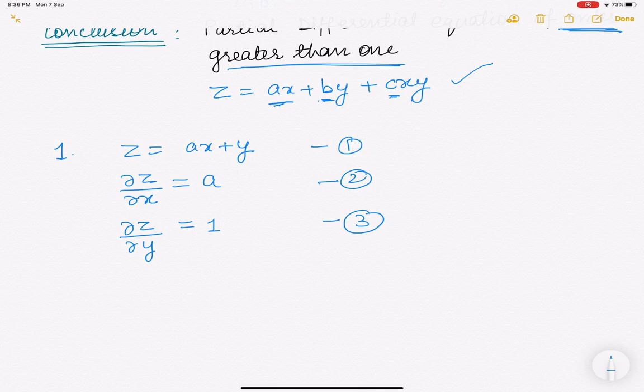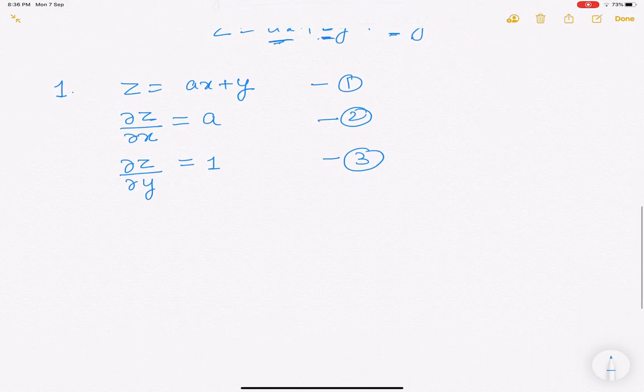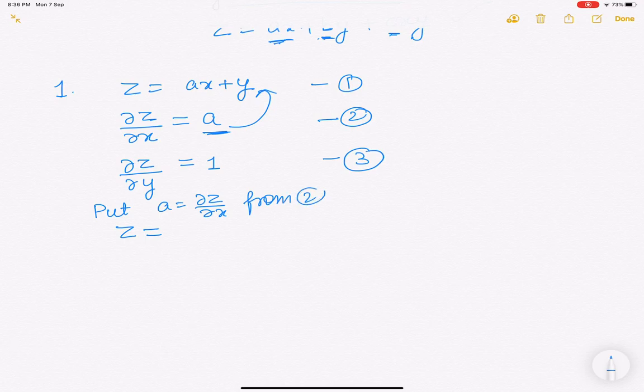So let us eliminate a between 1 and 2. This gives us z is equal to, we'll put the value of a in the first equation. So we put a is equal to del z upon del x from 2 in 1.